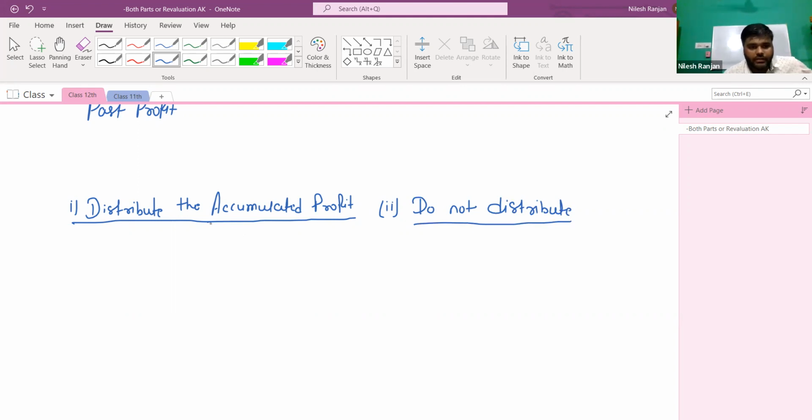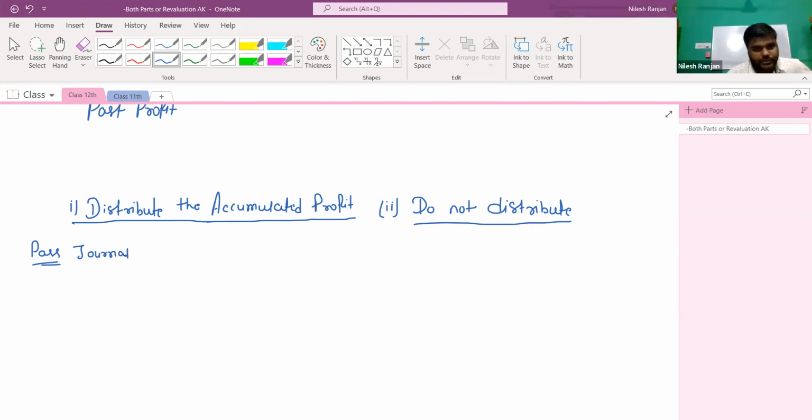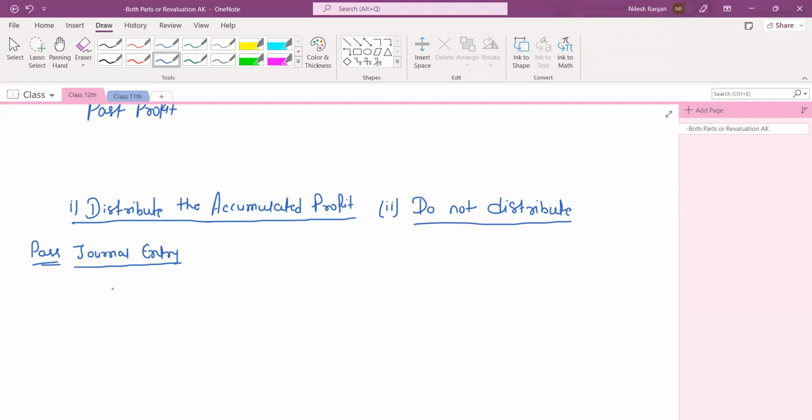So if we distribute the accumulated profit, we have to pass a journal entry. In the profit distribution, the old partners' capital will increase.